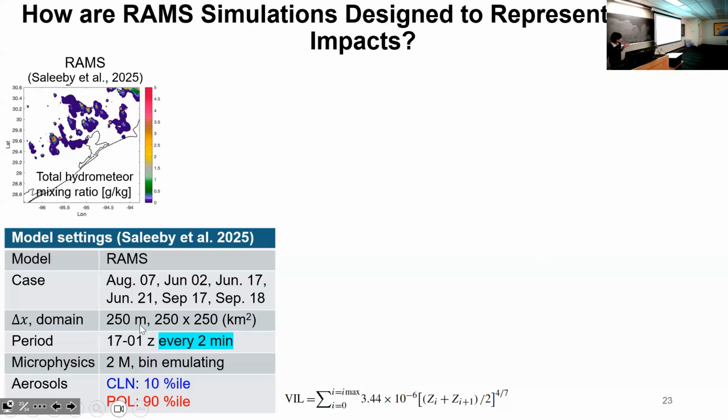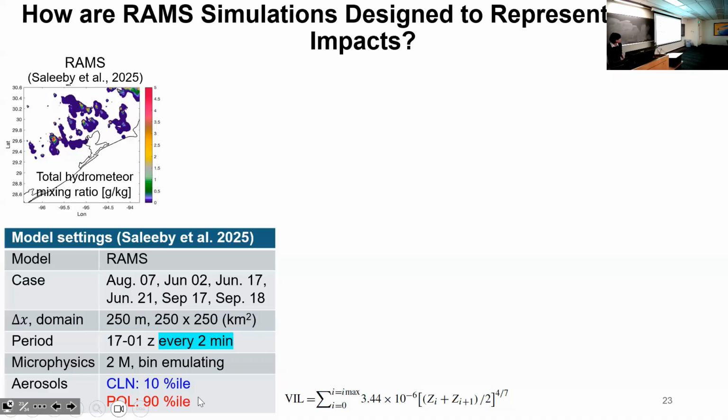Horizontal resolution is 250 meters over the Houston area. Microphysics is two-moment bulk microphysics. And we simulated different aerosol initializations. Clean environment is the 10th percentile based on the observation. Polluted environment is the 90th percentile of aerosol based on the observation.